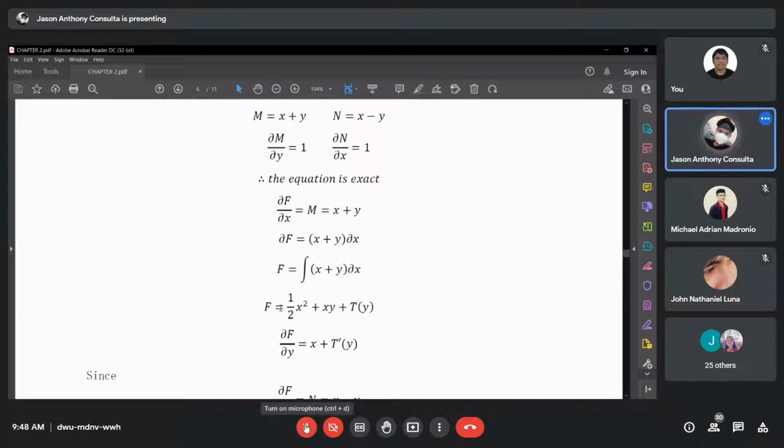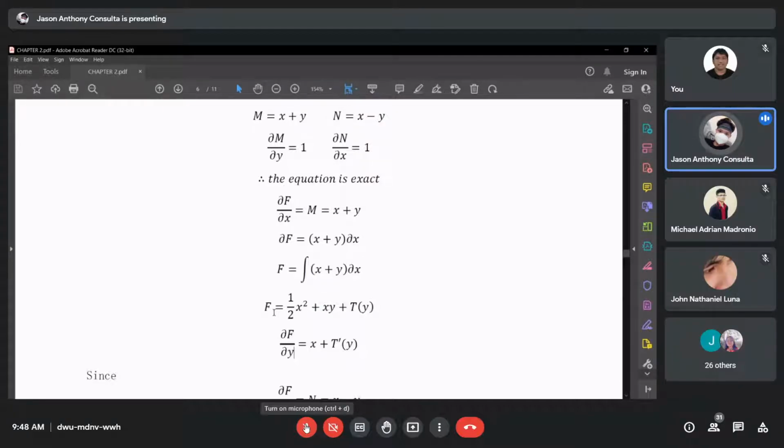Anong gagawin? Find the partial differentiation of this f with respect to y naman. Kanina, ginamit partial differential of f with respect to x. So, when you find f, after finding f, get the partial derivative of f with respect to y.